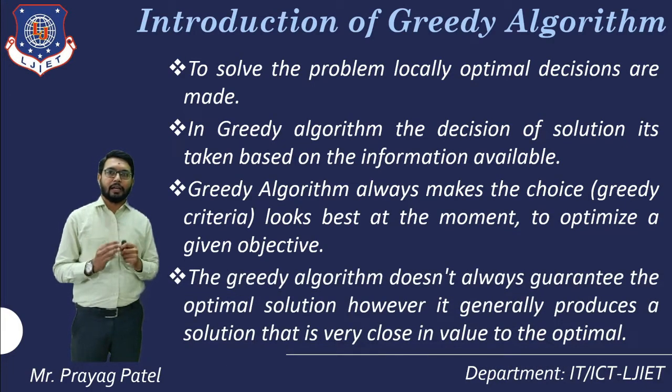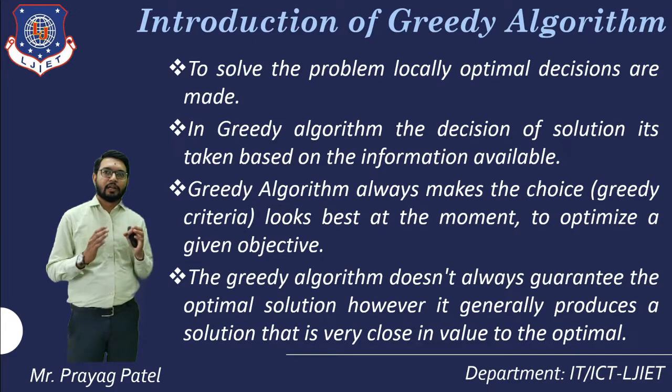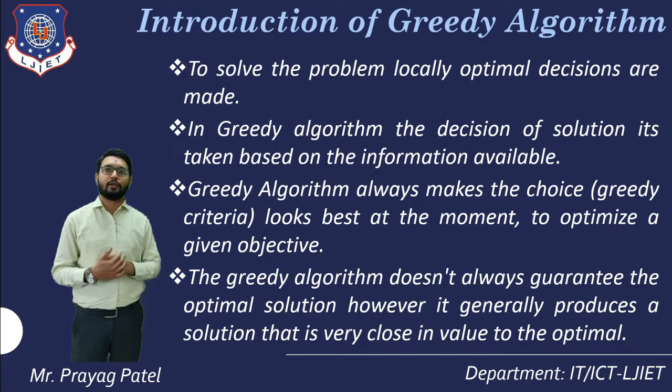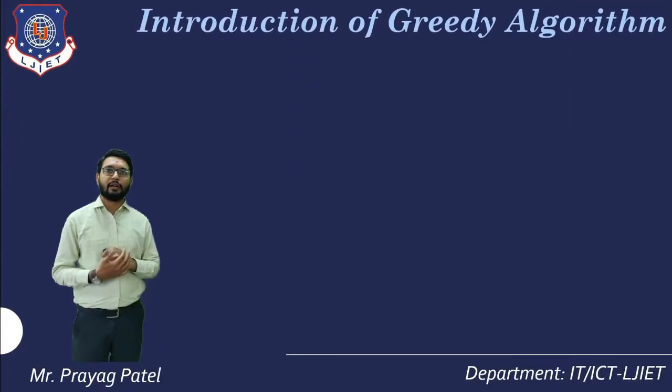However, the greedy algorithm doesn't always guarantee the optimal solution. It generally produces a solution that is very close in value to the optimal solution. It does not guarantee finding the optimal solution, but the solution is considered near to optimal. So this is called the greedy method.